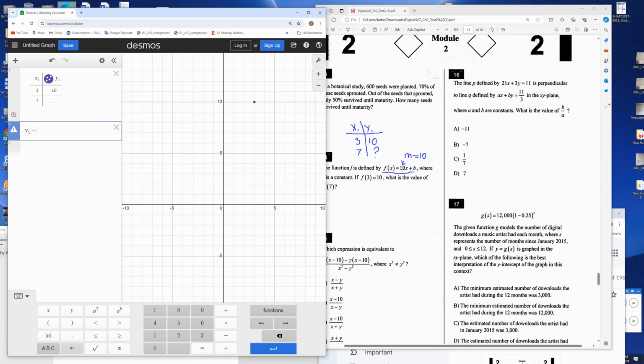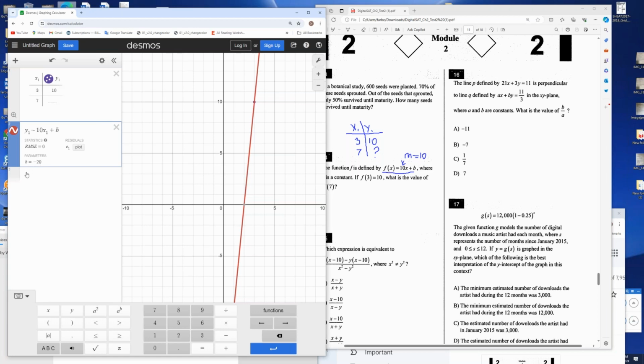Agree? So 10 x1, I get like this, and plus b, plus b. And the answer we see in one shot, I already have b equals -20.